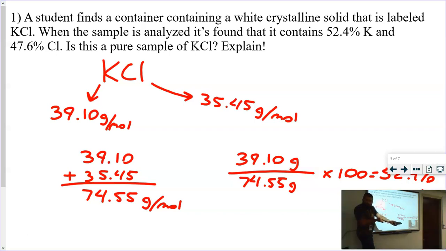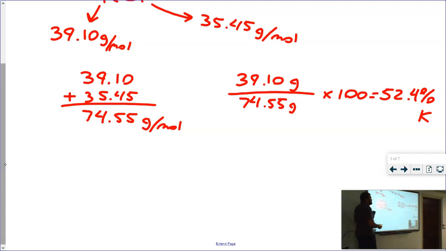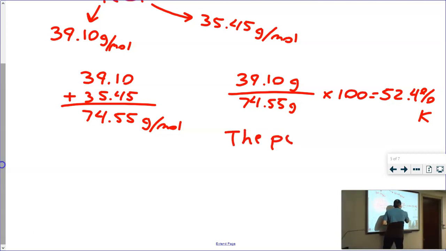But long story short, some random white crystalline solid sample was analyzed, and it gave these percentages. Based off of the molar masses of these 2 elements in potassium chloride, the percentages match. So I would say that based on the math that we've done, the percentages match.